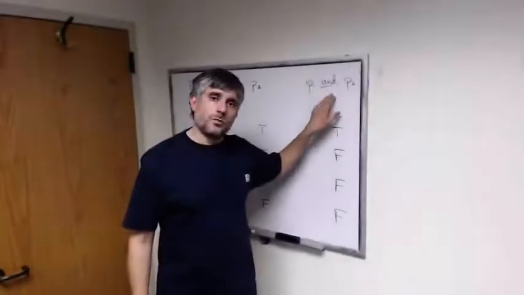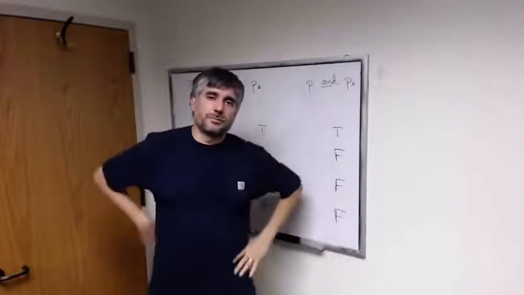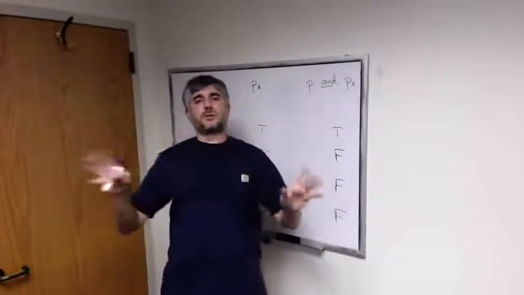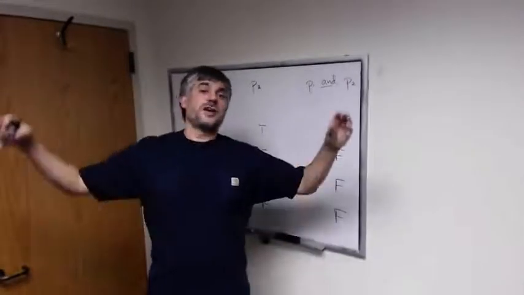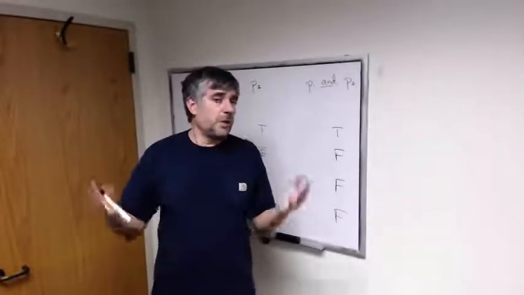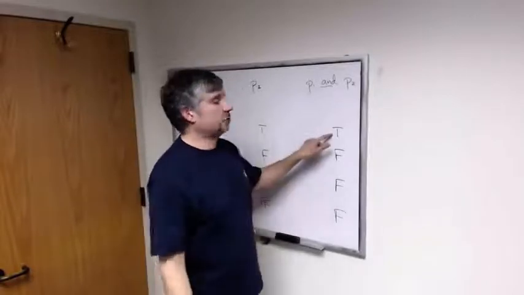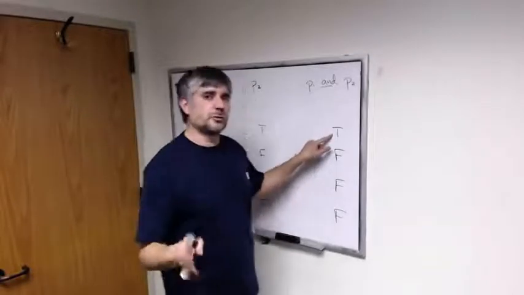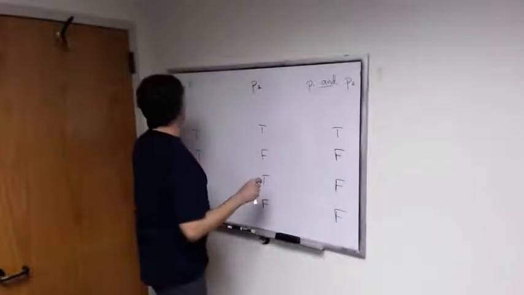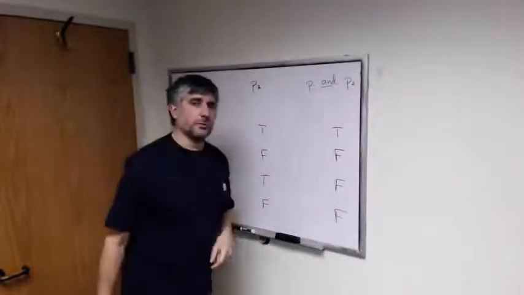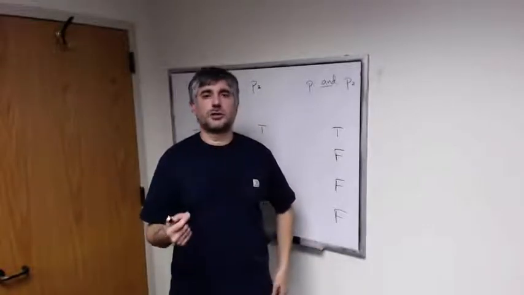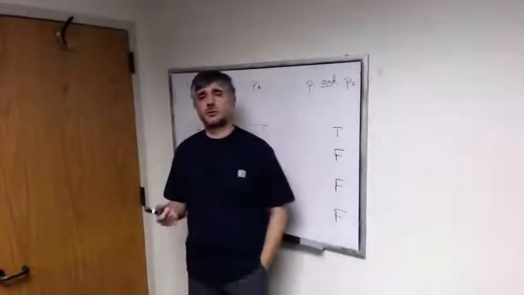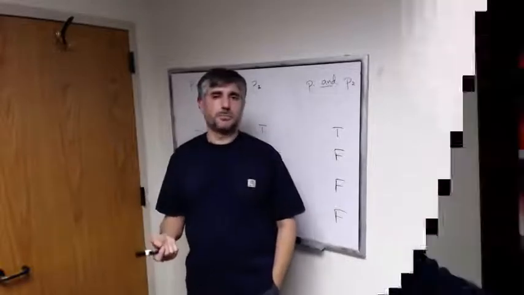And in every other possible situation, that proposition is going to be false. So no matter what proposition we have for P1 and what proposition we have for P2, their conjunction, P1 and P2, is going to be true just in those situations when P1 and P2 are both true. That's the truth table for the truth functional connective and, which we'll also call conjunction.